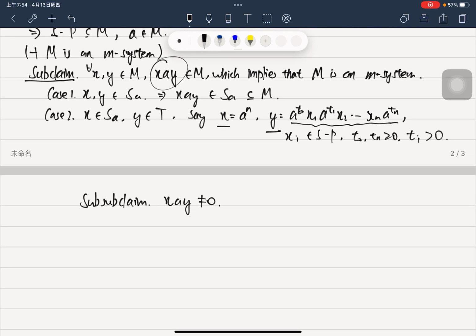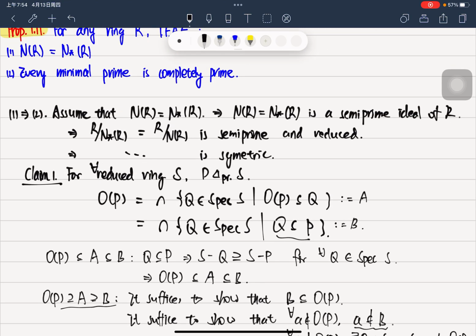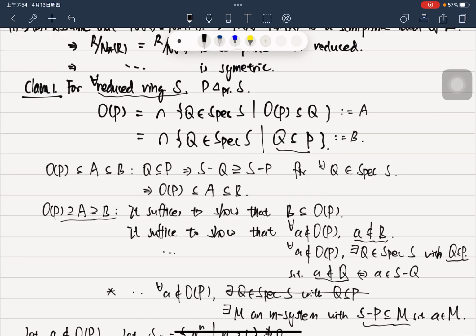So I have the subclaim, and we prove this by contradiction. Suppose that XAY is 0, which means that A^{n+1+t0} x1 A^{t1} x2 ... xn A^{tn} is 0. Now, as I said, S is a reduced ring.